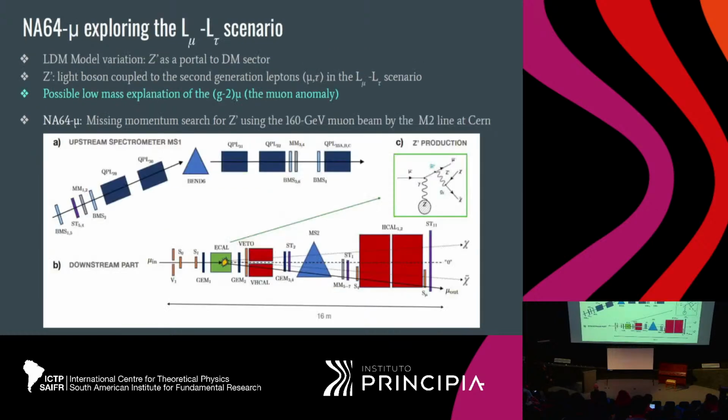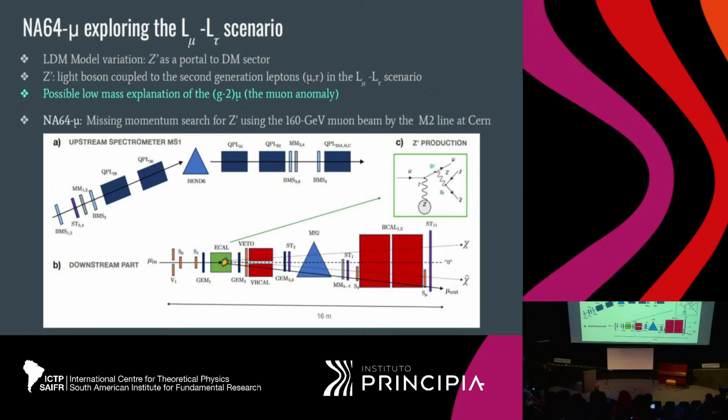Okay, we now move to the parallel effort of the NA64 collaboration, which is NA64mu: exploring the dark sector with a muon beam and not with an electron beam. Why should you use a muon beam instead of an electron beam?